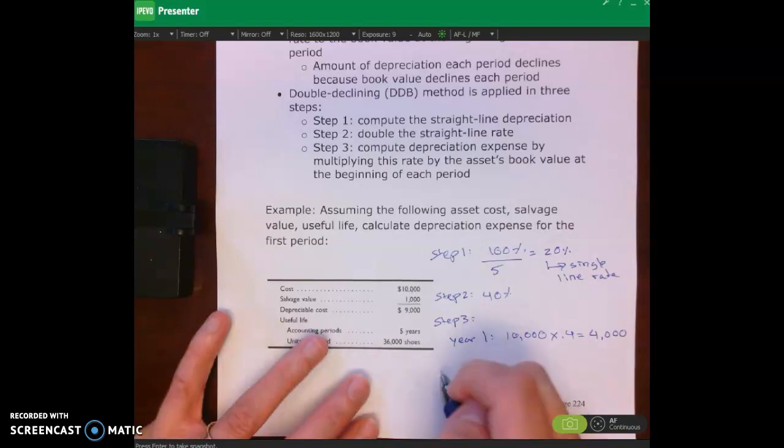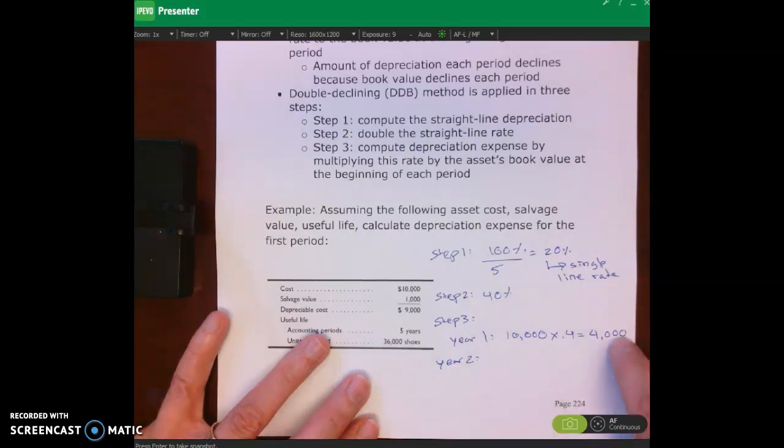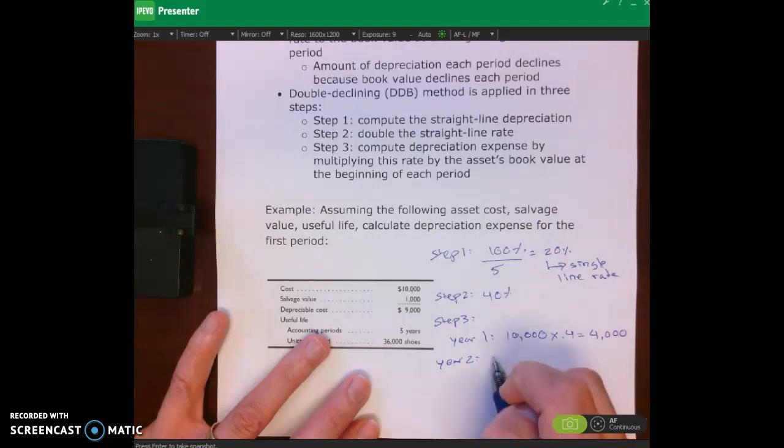So then at the beginning of year 2, what is my book value? Remember, the way we calculate book value is asset cost minus accumulated depreciation. At the end of year 1, what is accumulated depreciation? It's $4,000. So my book value is $10,000 minus $4,000.